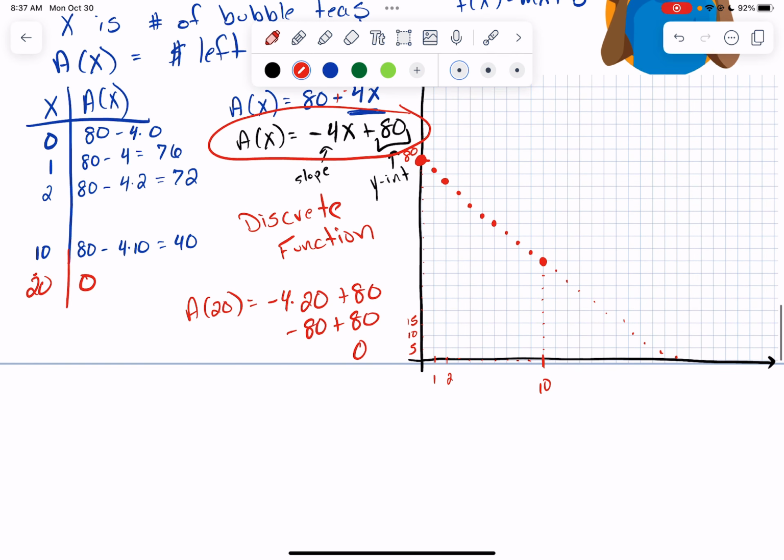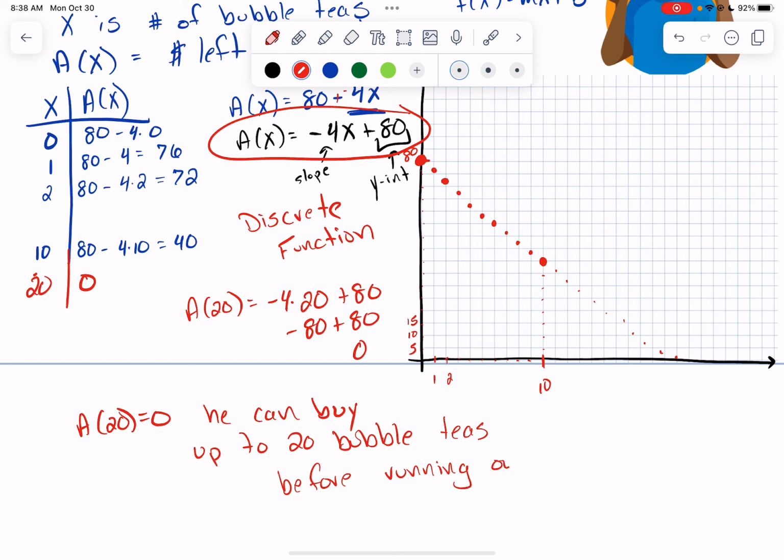That's when he can buy up to 20 bubble teas before running out of money. Okay, so it tells us our 0 point.